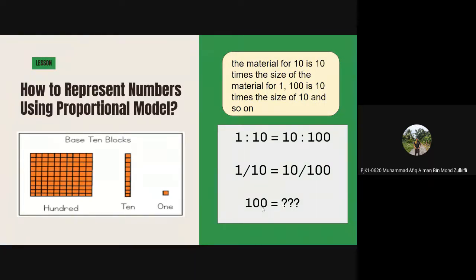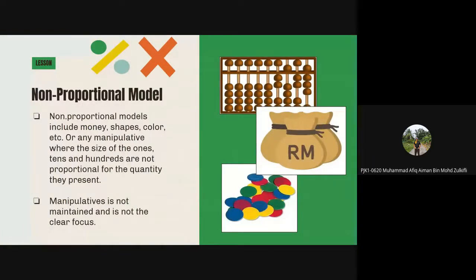So if 1:10 equals 10:100, then 100 to 1,000 is the same ratio. So we can say that the material for the 1,000 is 10 times the material of 100. Okay, that's all for me.